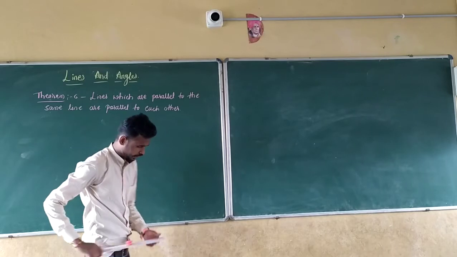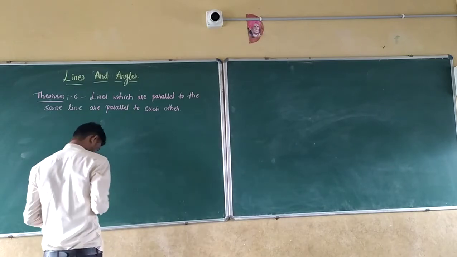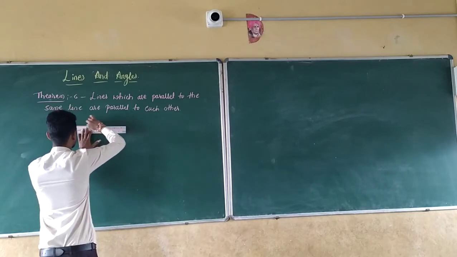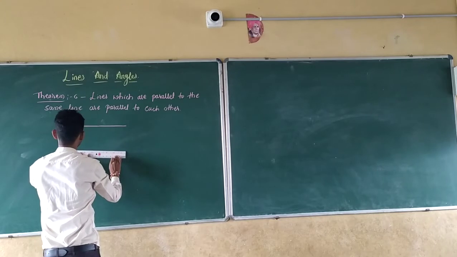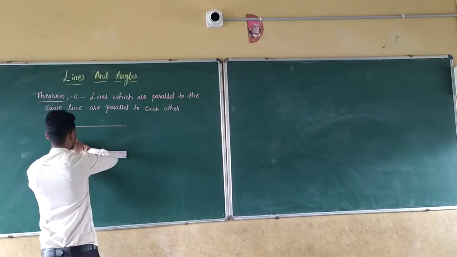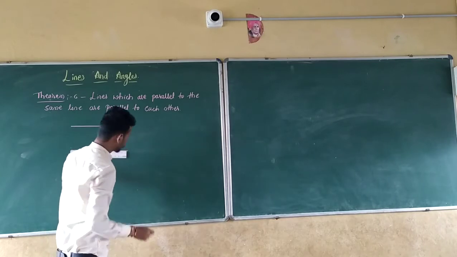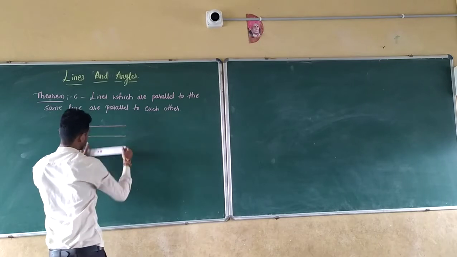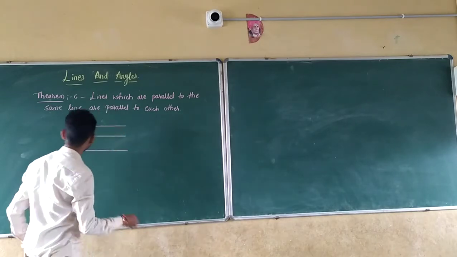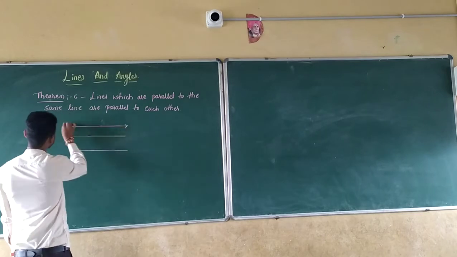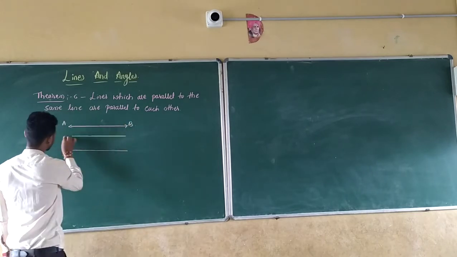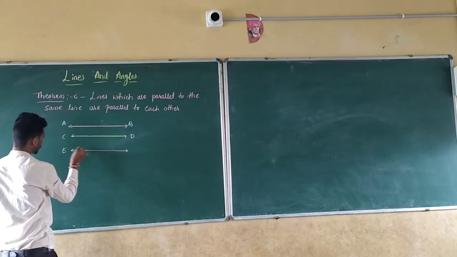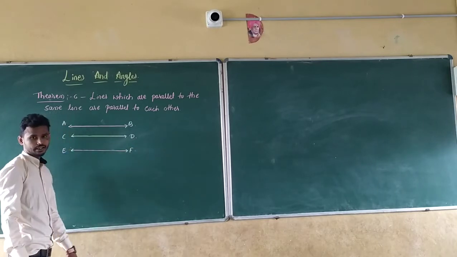Means, for example, let us see here. So here three lines are there.